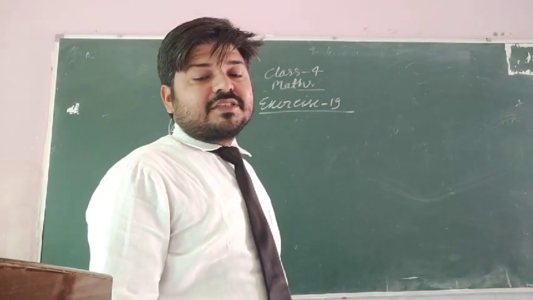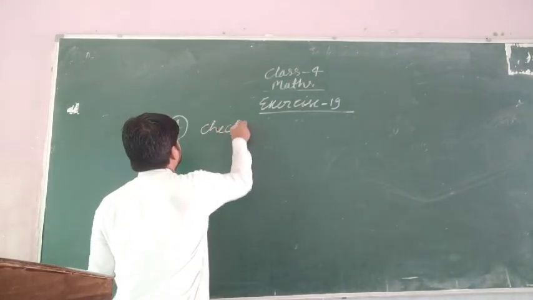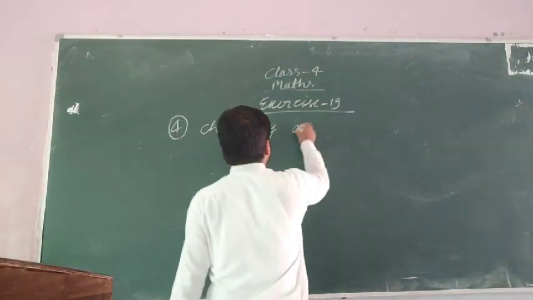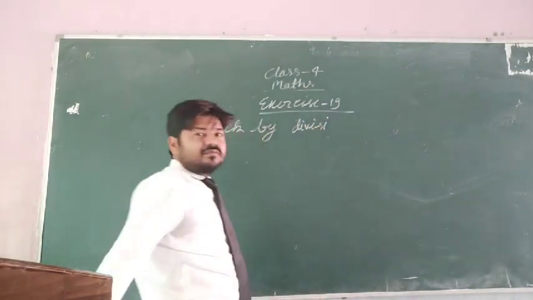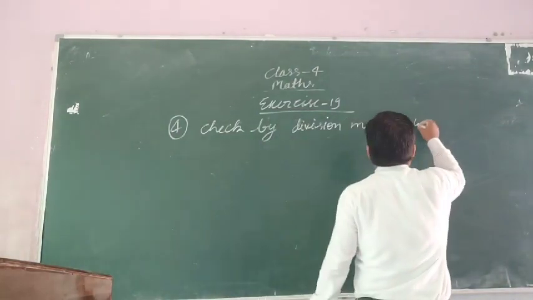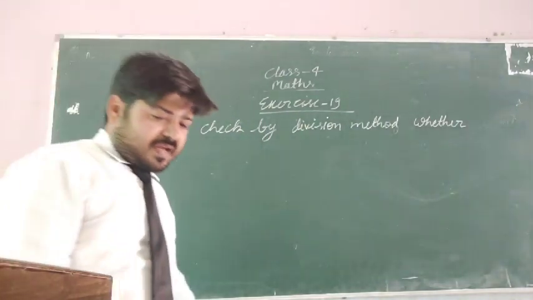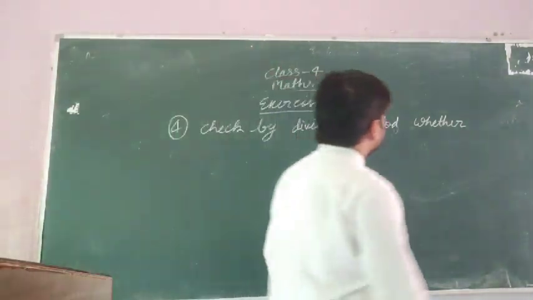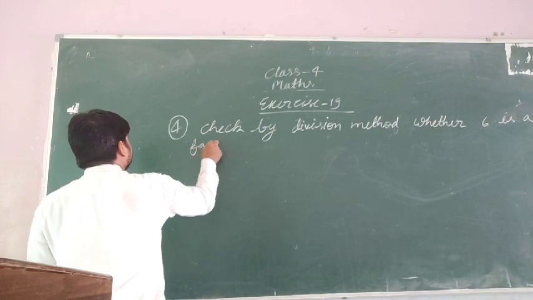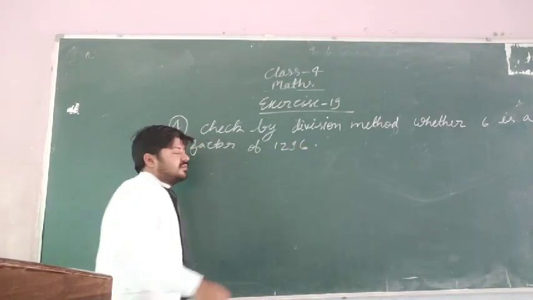Check by division method whether 6 is a factor of 1296 or not. Okay.